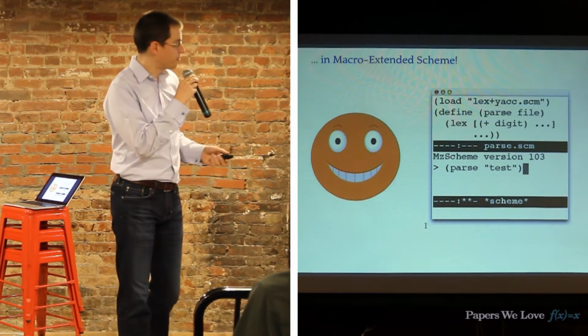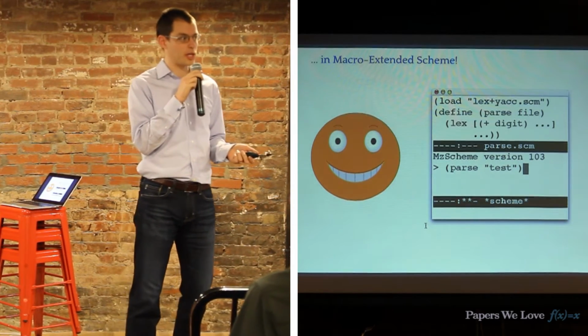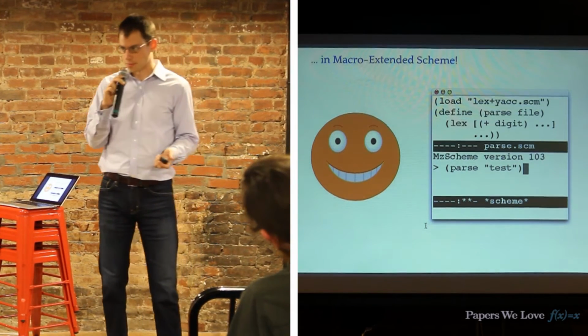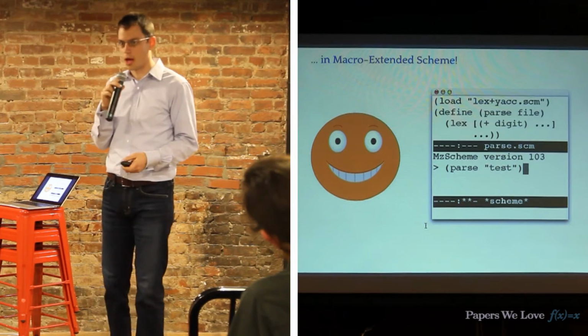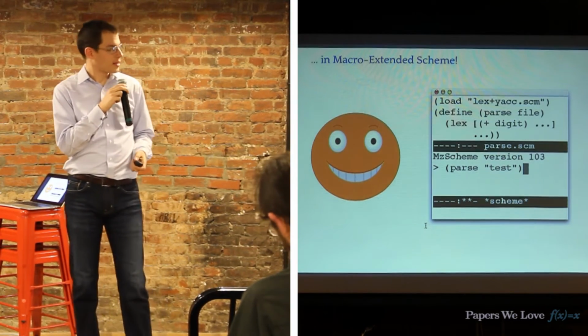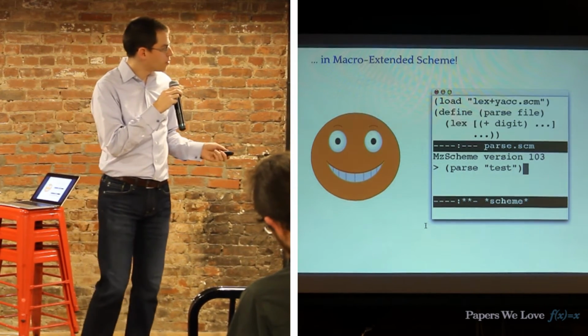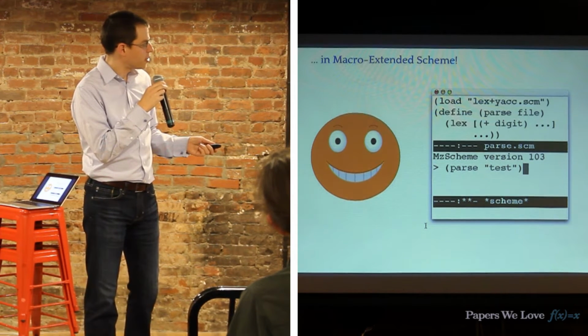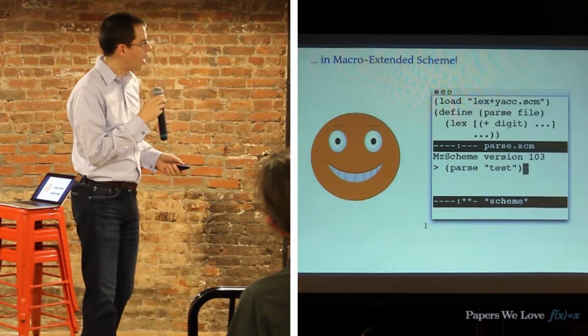In fact, just such a language extension exists in Racket today. That's what's primarily used for writing parser generators. It's a system a lot like Lex and Yak. And you really do write things that look almost exactly like this 15 years later.